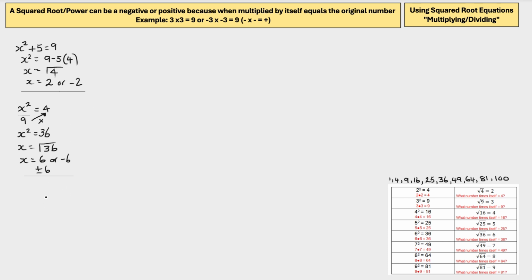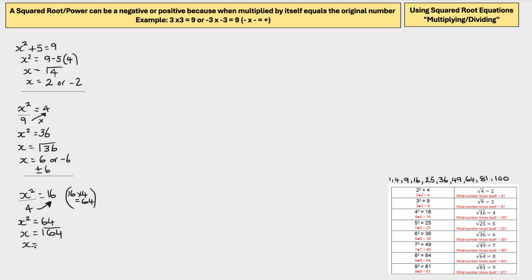So we've got another one. x squared equals 16 all over 4. Same again, we've got to get rid of that 4. So now we've got x squared equals 64 because we've just multiplied. We need to get rid of the square, so we're going to square root 64.